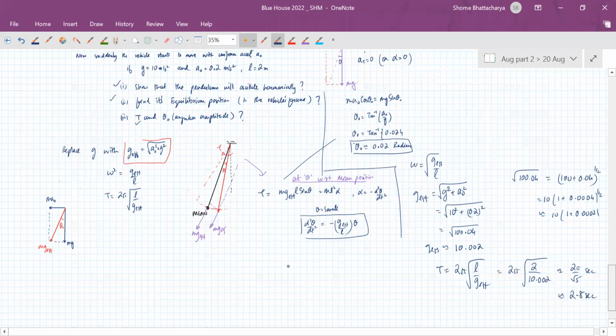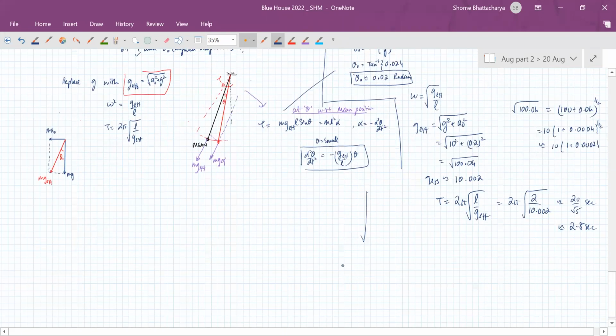So what is happening, that this all is telling us that my theta is some angular amplitude, let's say, theta naught times sine omega t plus phi. So angular velocity d theta by dt is omega theta naught cos of omega t plus phi. So at t equal to 0, theta will be theta naught sine phi, which is 0.02 radians.